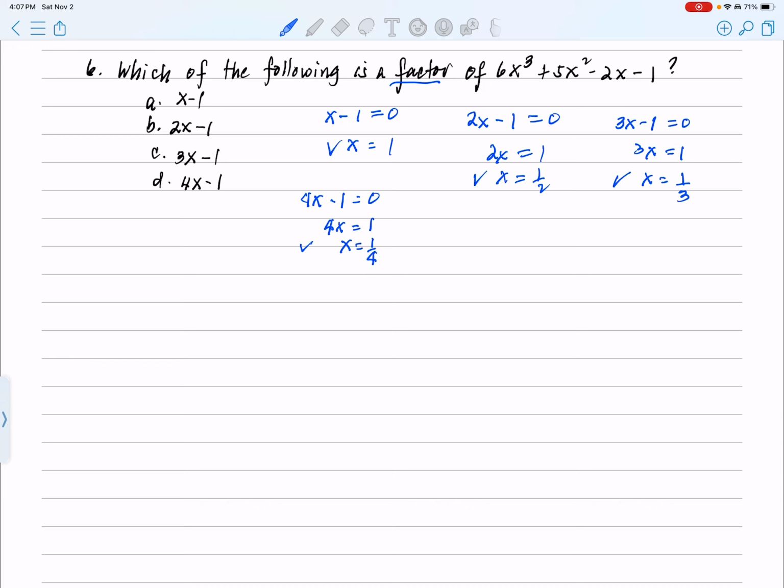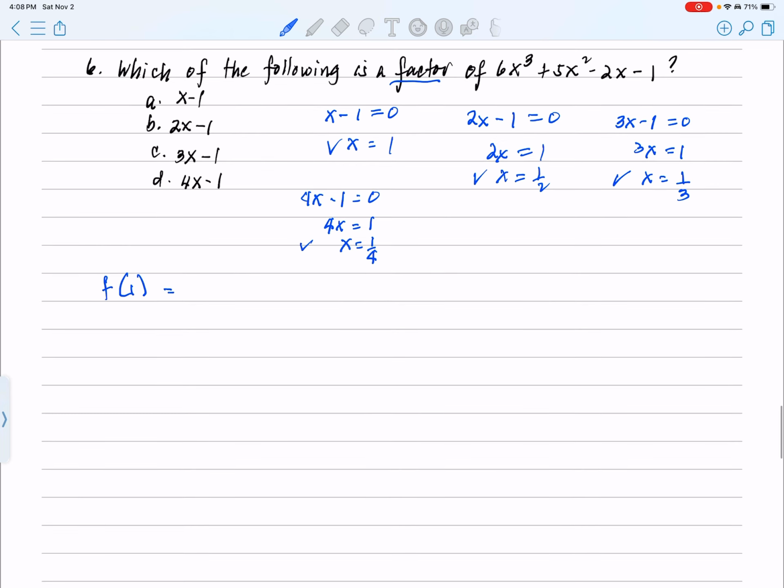Let's do this. If it is f of 1, remember that if it equals 0, then we have a factor. If it's not equal to 0, then it's not a factor.